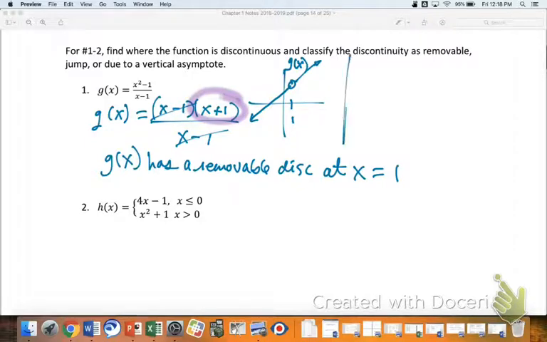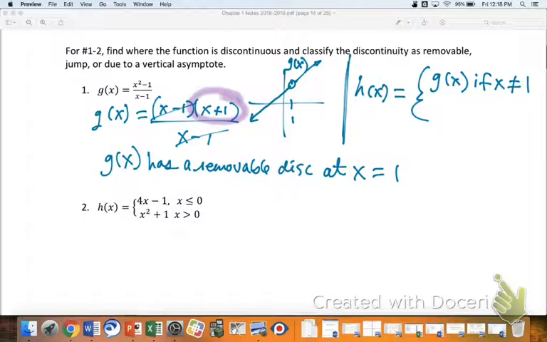I could create the same graph like this: h of x equals g of x as long as x doesn't equal 1. Make sense? Because that's where that hole is. And then h of x also equals 2 if x equals 1. So if I did it like that, I have the point (1, 2), which would go back and fill this hole, creating a continuous graph.